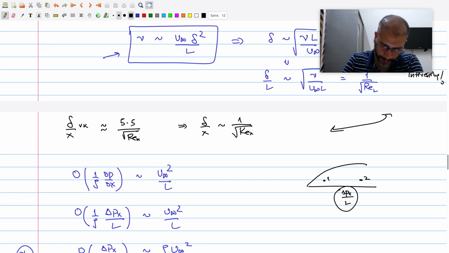So this delta upon x was 5.5 upon square root Reynolds number.